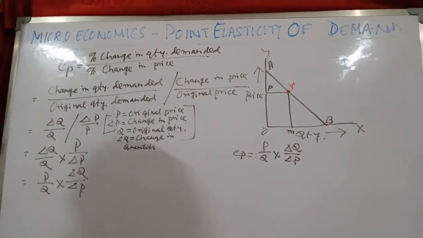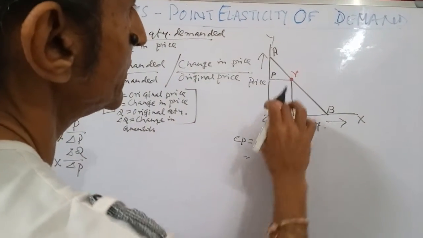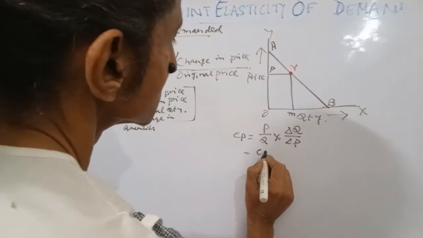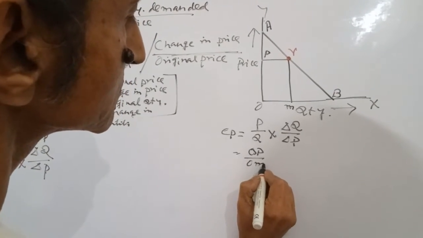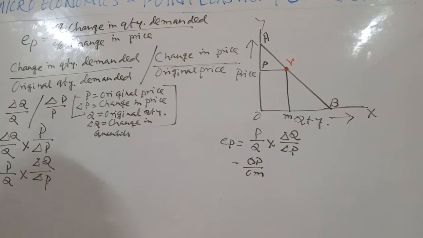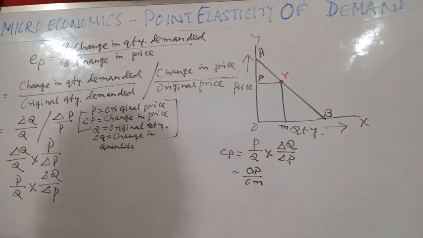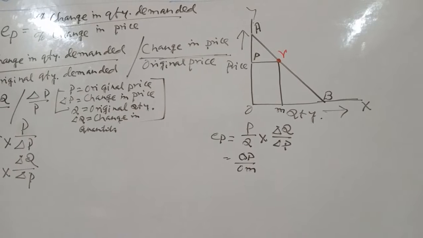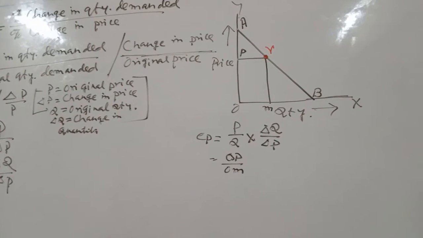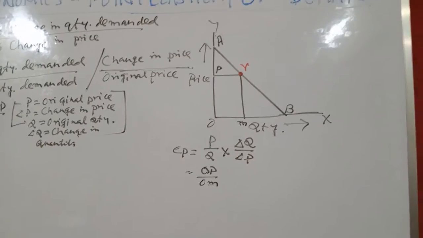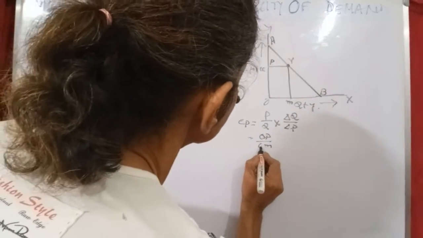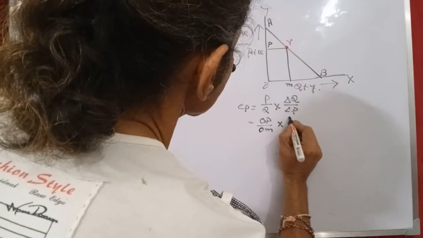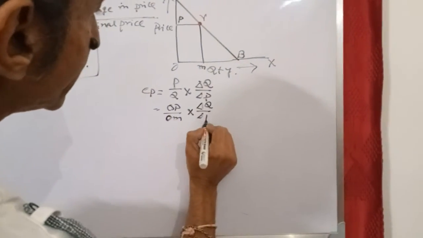So here P equals OP and Q equals OM, original price and original quantity. Correct? Into delta Q by delta P.